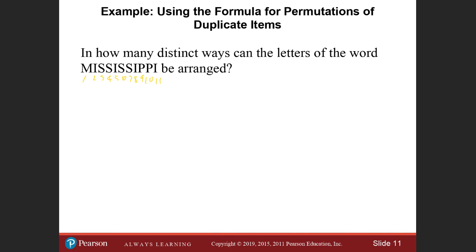So we have 11 letters here, so our n would be 11. And from the formula, we have n factorial over the repeated items, which is p factorial, q factorial, and r factorial.